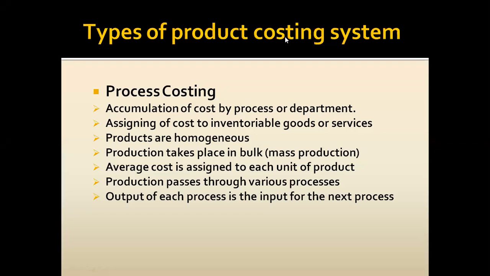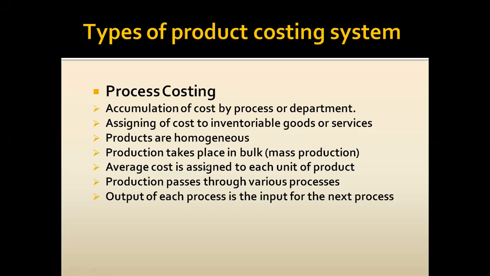We are making another video for process costing. So let me first explain in which industries we are using the process costing system. Students, it's one of the cost accumulation systems which we use in those industries where we are producing homogeneous products and doing mass production.